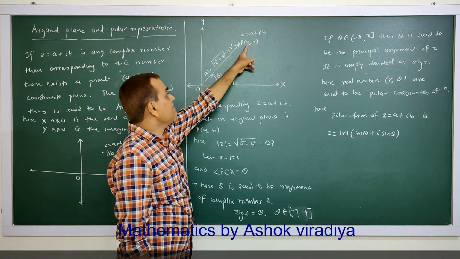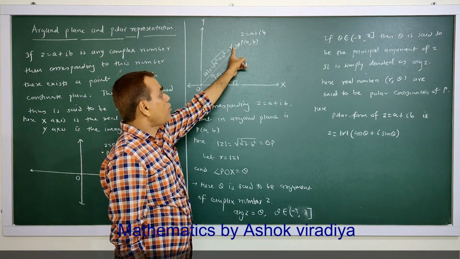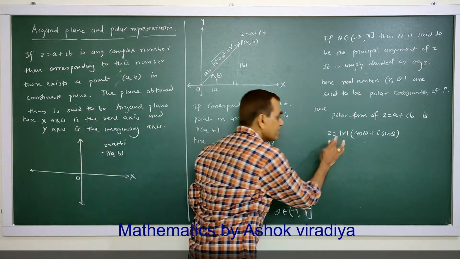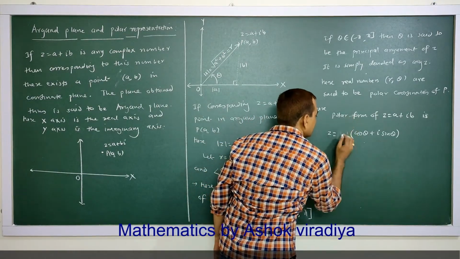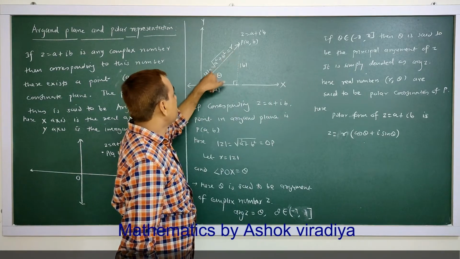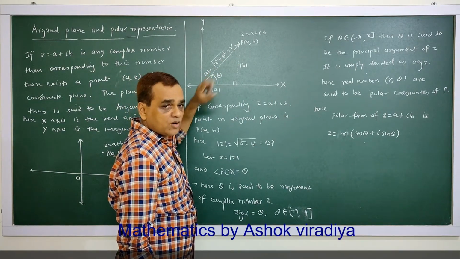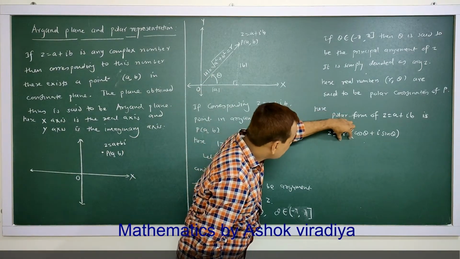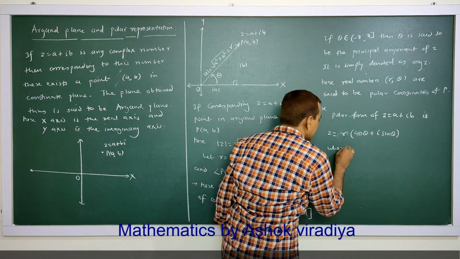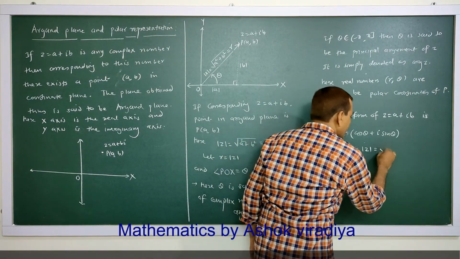So value of A will be R cos theta. Sorry, no need to show modulus here. R itself is positive because it is modulus, so we simply put R. So either you keep modulus Z or keep R, because R is modulus Z. It is root A square plus B square.